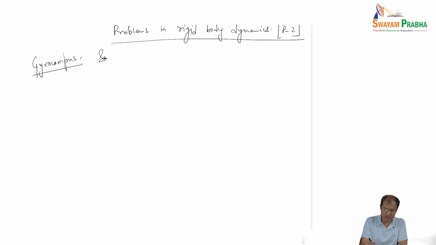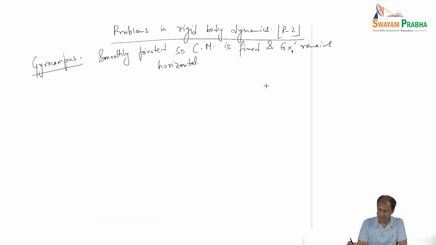So this is the smoothly pivoted gyroscope, so that the center of mass is fixed. So the CM is fixed, right? And the axis of symmetry GX1 remains horizontal.